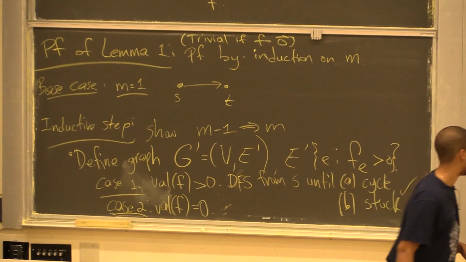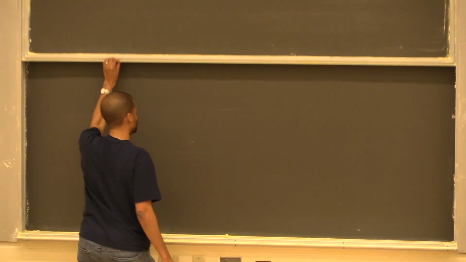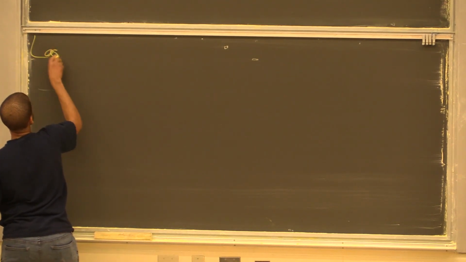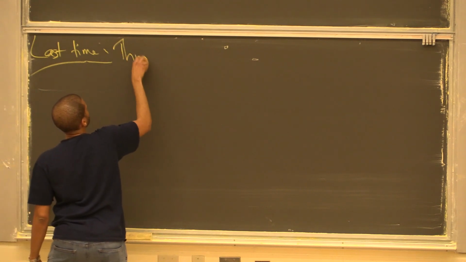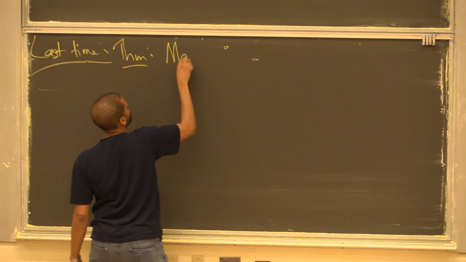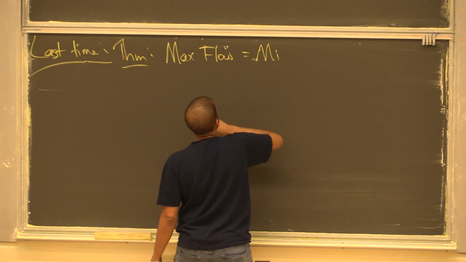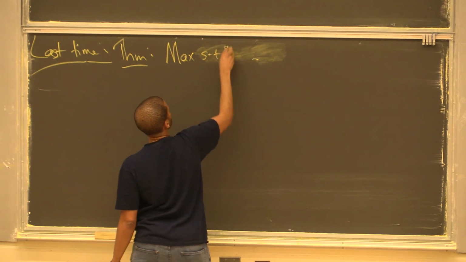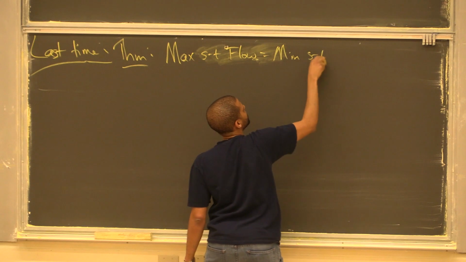So now I want to prove this other main theorem from last time. Another theorem from last time. We had this theorem that max flow equals min, so I should say specifically max ST flow is equal to the capacity of the min ST cut.